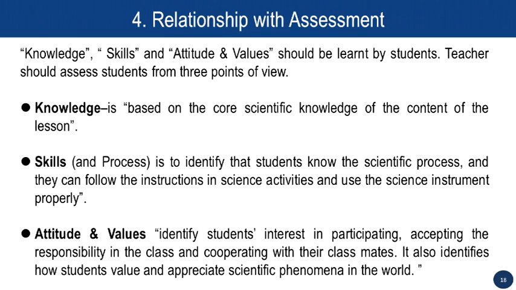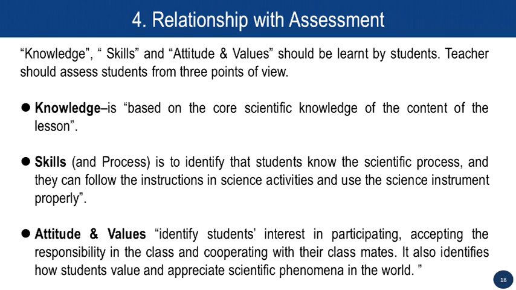Knowledge, skills, and attitudes and values should be learned by students. Teachers should assess students from 3 points of view. 1. Knowledge is based on the core scientific knowledge of the content of the lesson. 2. Skills and process is to identify that students know the scientific process and they can follow the instructions in science activities and use the science instrument properly.